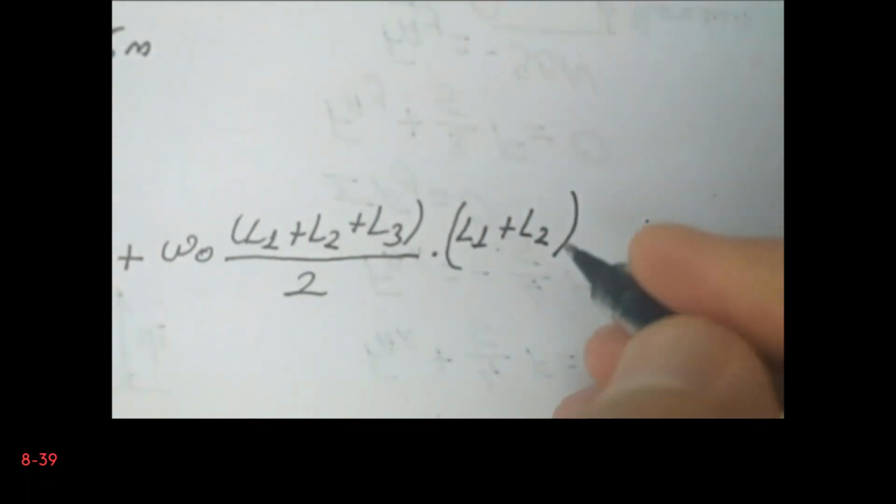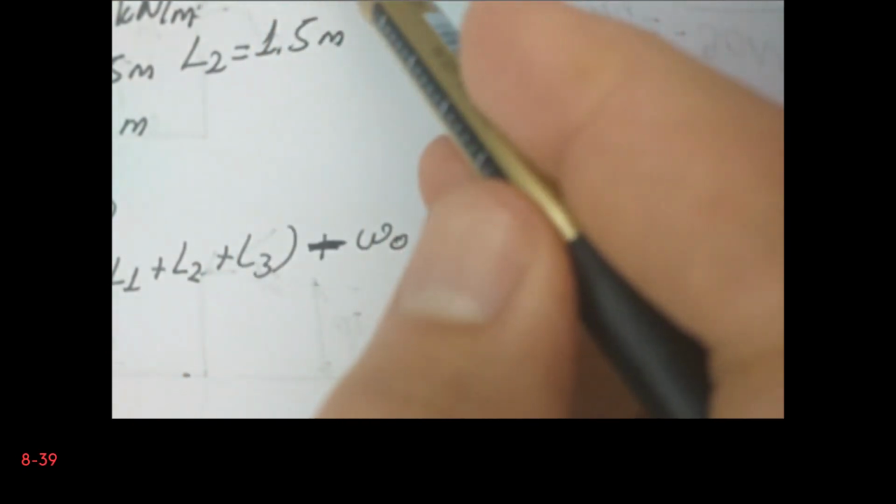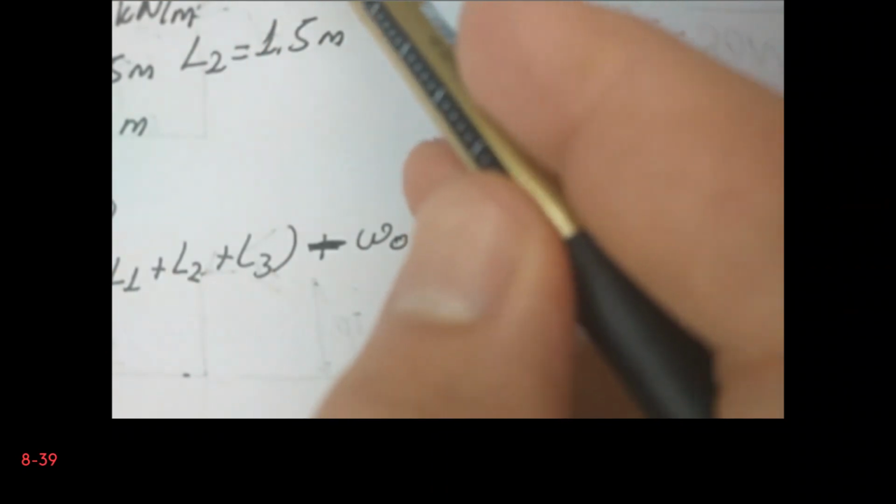By the way, this is minus. This has to be minus, because the moment generated by FB and the moment generated by the distributed force have opposite directions. So this is what we have.